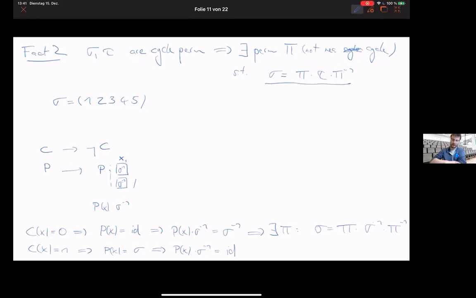So how do I really transform my branching program?